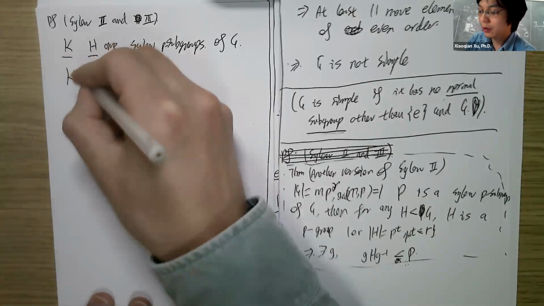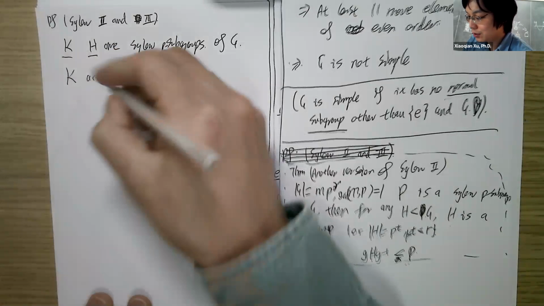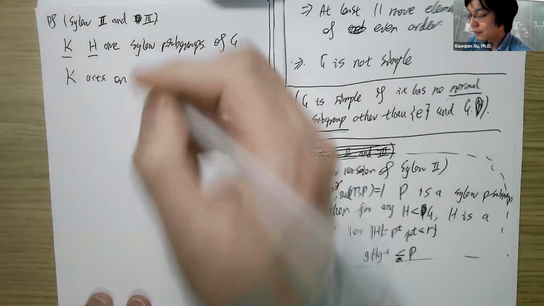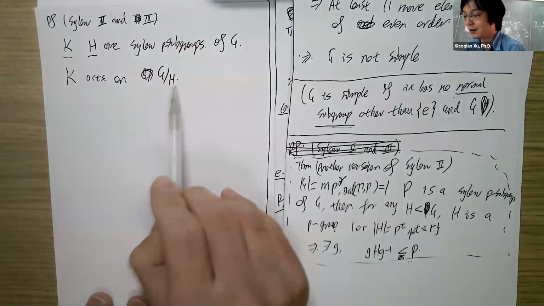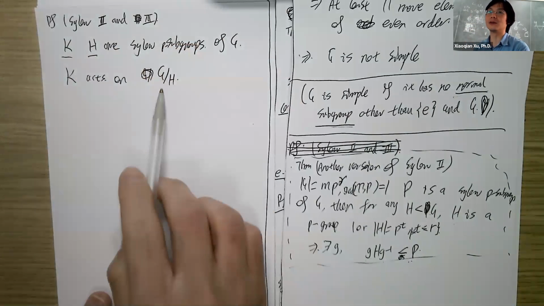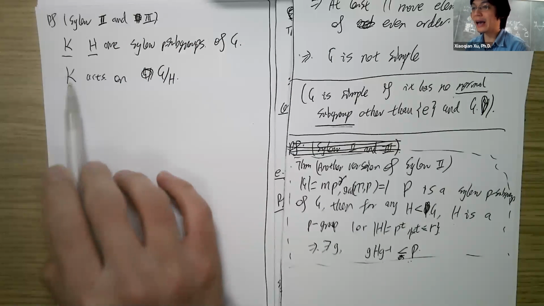Let's try to use K acting on G over H. Be careful here, this is just a set of cosets. It's not a group, not a quotient group, because H is not normal. But we can still use K to act on it.